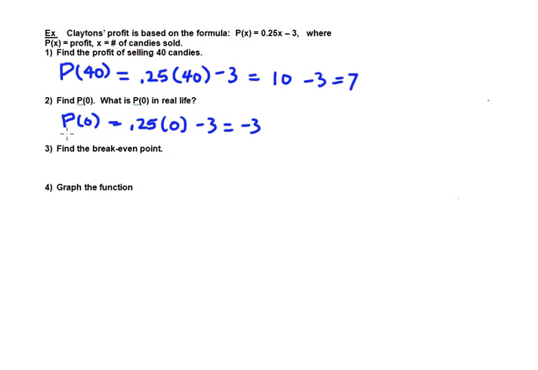When we interpret this, P(0), or profit of 0 candies sold, is negative 3. That means that he loses $3 if he doesn't sell any candy because he spent $3 on the bag. So we can write this as the profit of 0 candies sold is equal to negative 3, which is essentially a $3 loss.